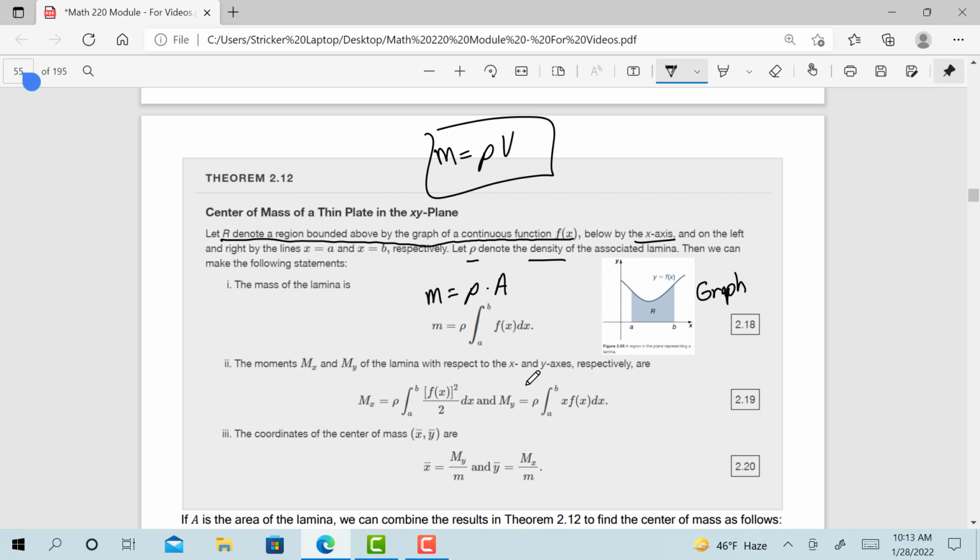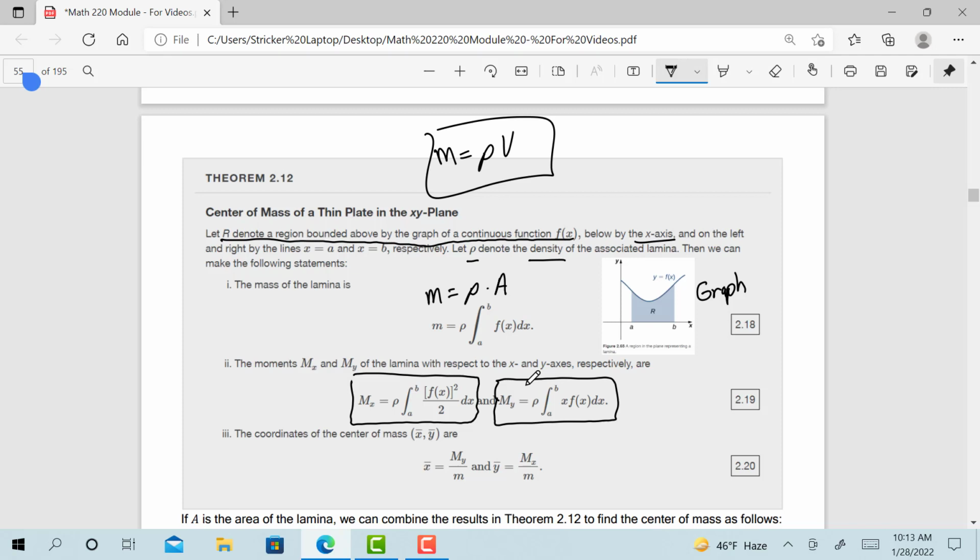The other thing we have here is a different formula than what we had on the previous page. For a thin lamina, here is your formula for the moment about the x-axis, and here's the formula for your moment about the y-axis. We're not going to get into where those come from. If you're interested, you could read in the textbook.